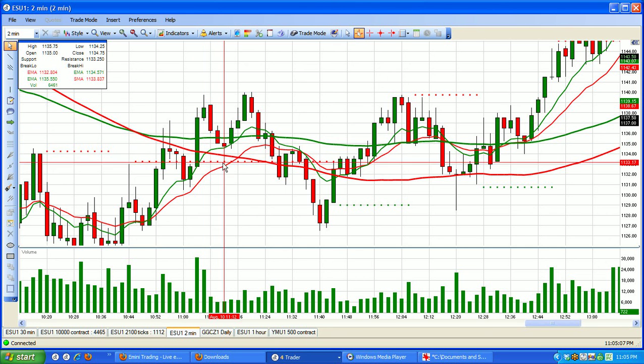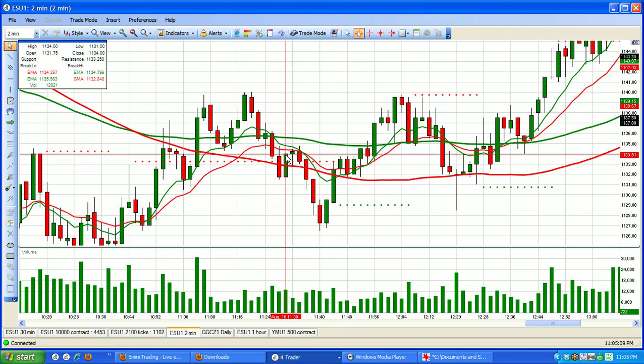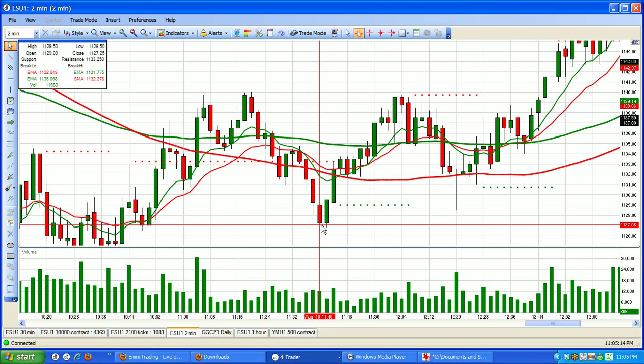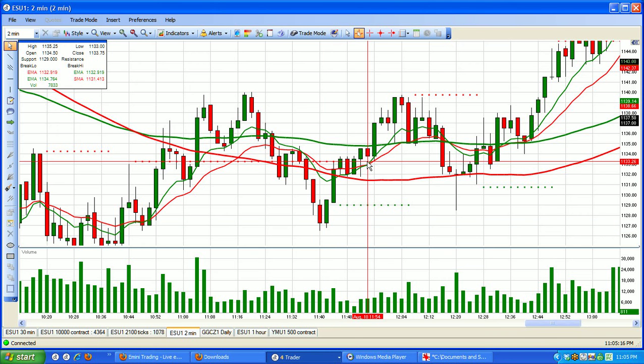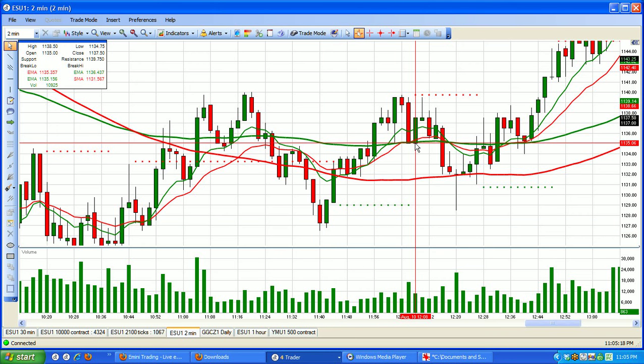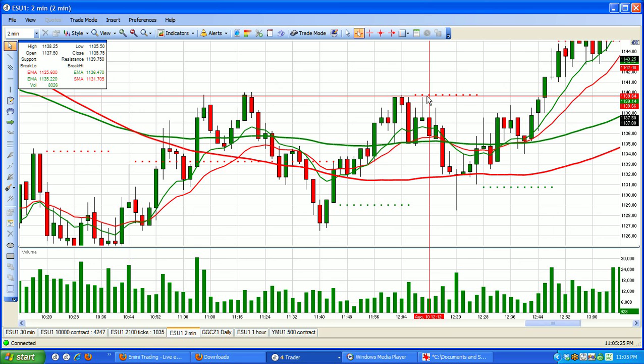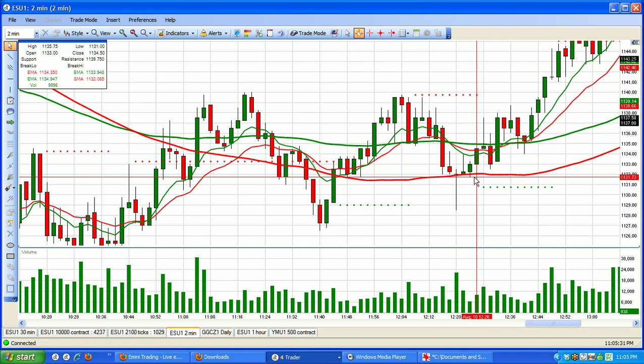Okay, so the big lines here, as long as you got the green above the red, we're bullish. No matter what these other guys do, the major theme is bullish. Okay, so this is an outlier. Once it gets back in step, oh my goodness, here's a pullback for a humongous long.